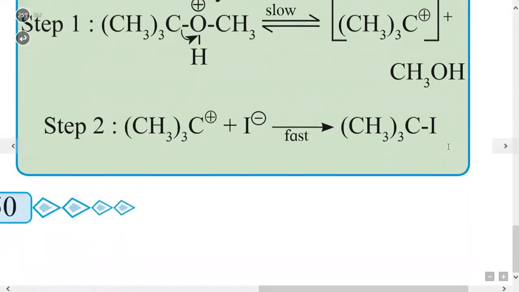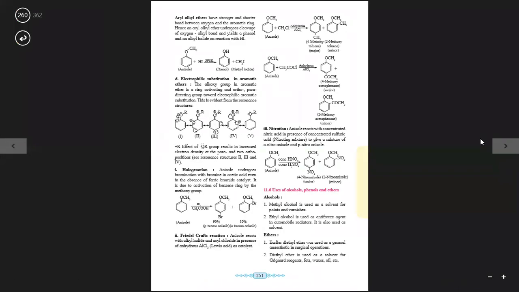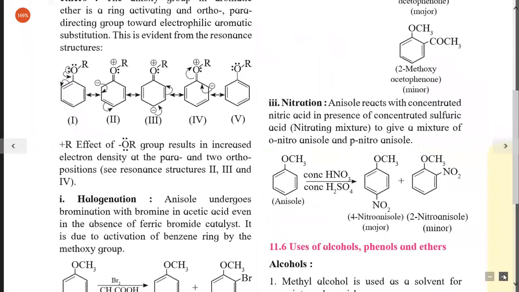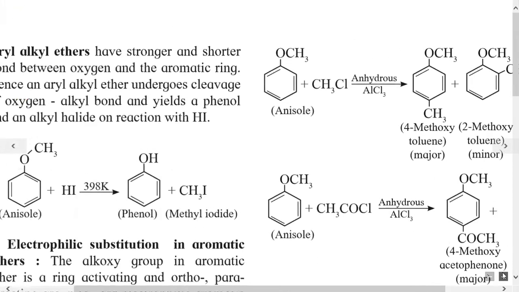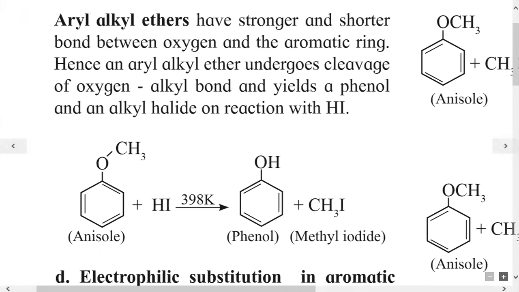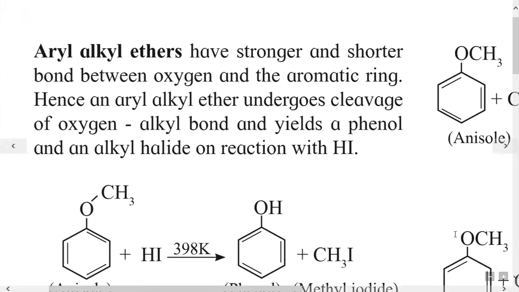Then next reaction of ether is with aryl alkyl ether. This type of ether contains an aryl group and an alkyl group. They have a stronger and shorter bond between oxygen and the aromatic ring.